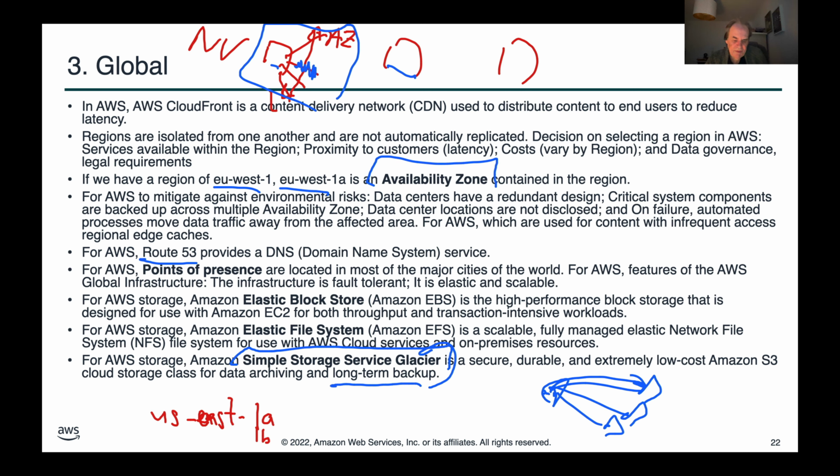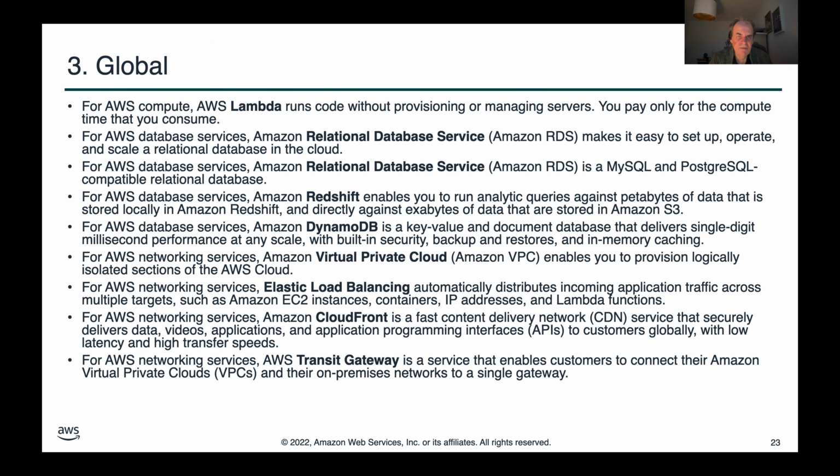But S3 is used for fast, low latency access. Glacier is more for a backup. It's much less expensive, but obviously the delay is longer to access it.